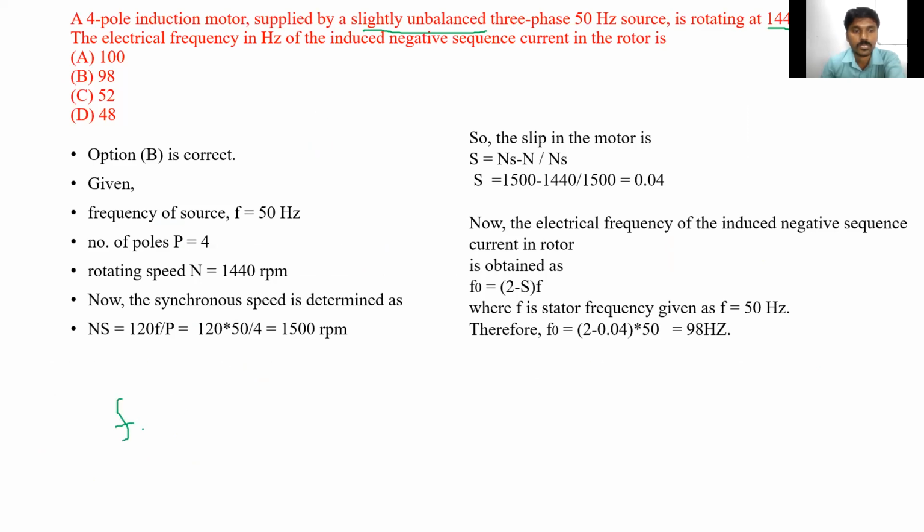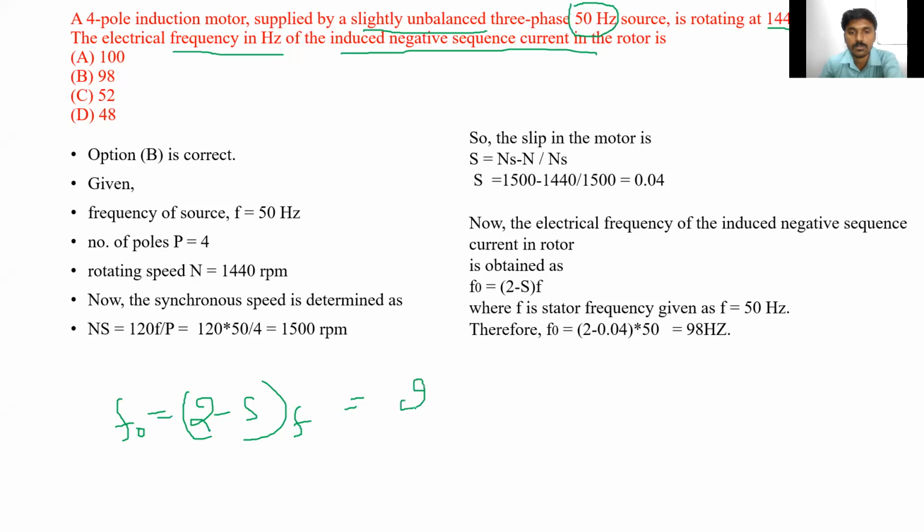F0 is the electrical frequency of the induced negative sequence current. F0 is equal to (2 minus S) into F. This is the shortcut. F is the supply frequency, which is 50 hertz.